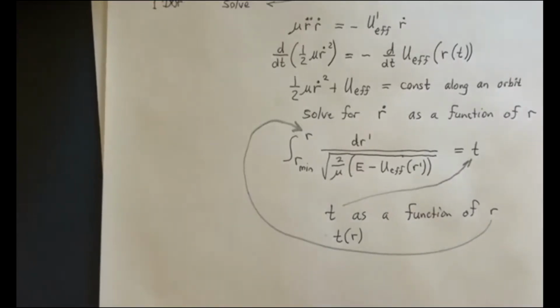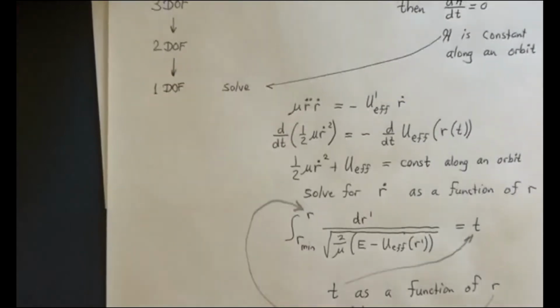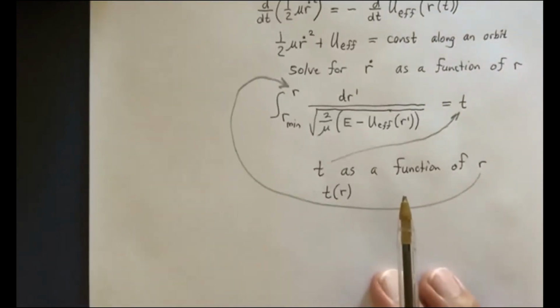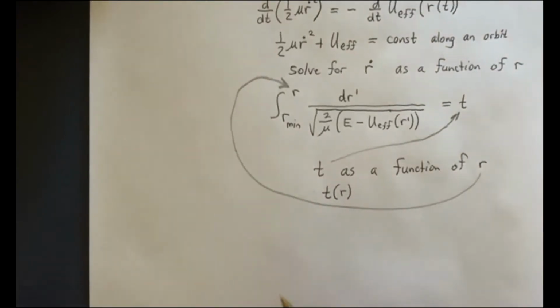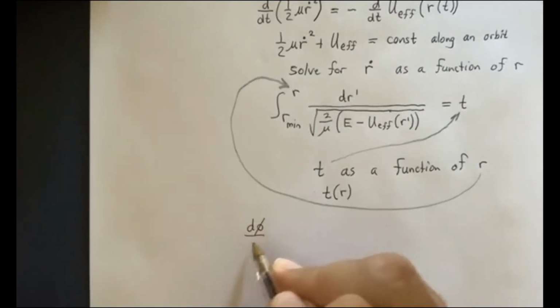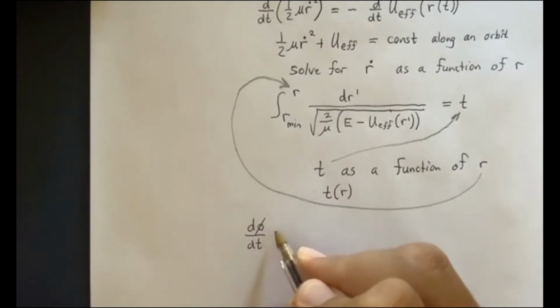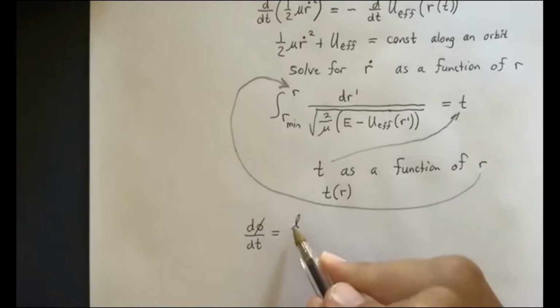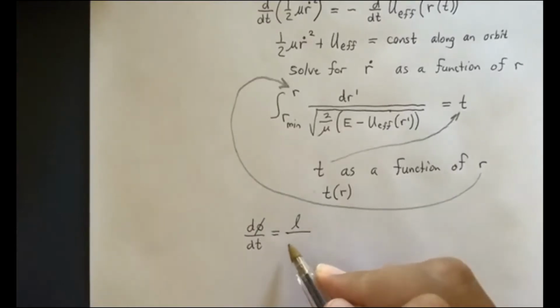Okay, what can we do for the 2 degree of freedom problem? Well, there's some good news here. Because we've already solved all the difficult things, we can now use the constancy of the angular momentum. We have d phi dt equaling, remember this cursive lowercase l, that's the angular momentum, over mu r squared.